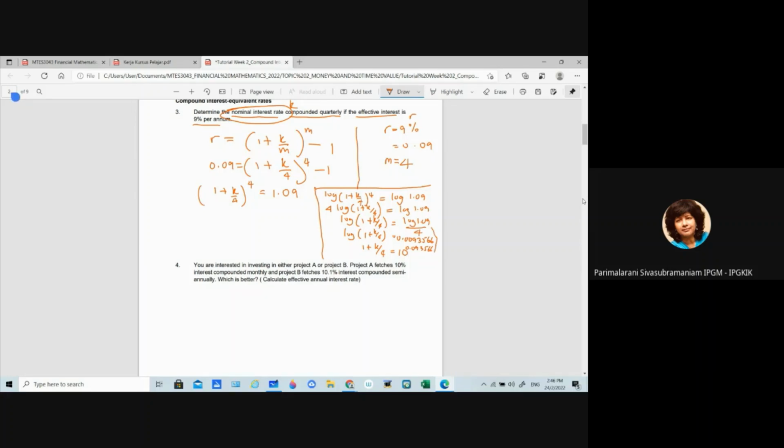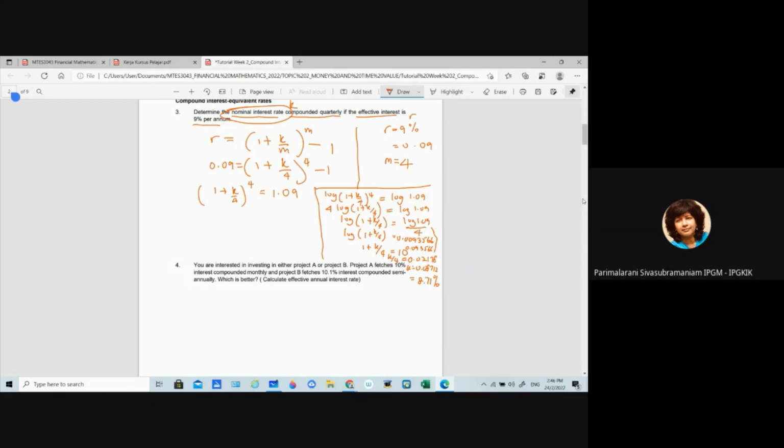So from here, you will get K over 4 equals 0.02178. So K equals this times 4, which is 0.08712. Change this to a percentage: 8.71%. Okay, so this is the way you use log.